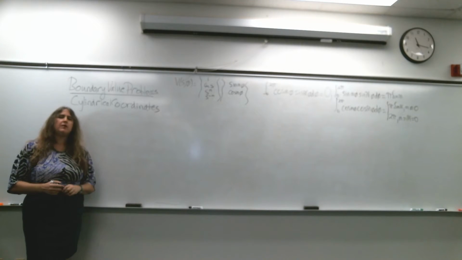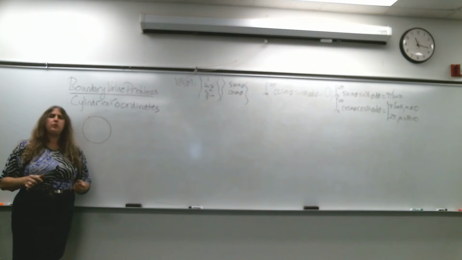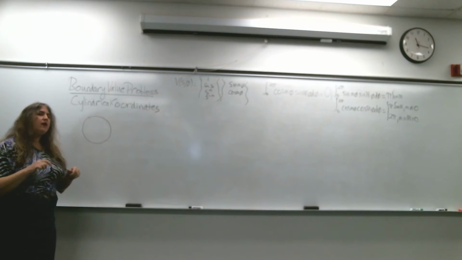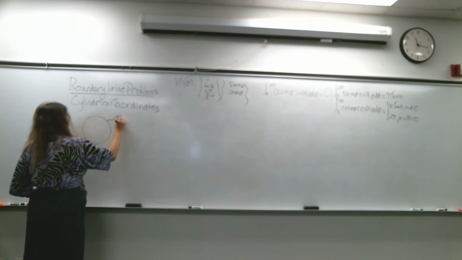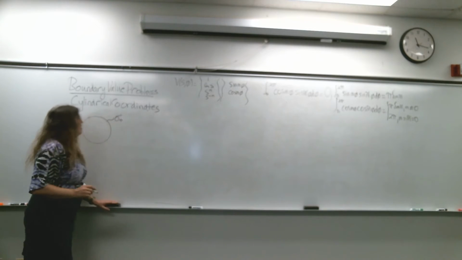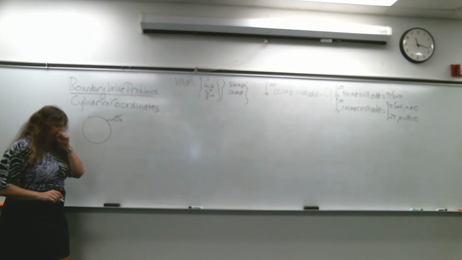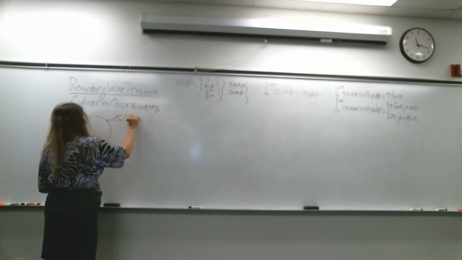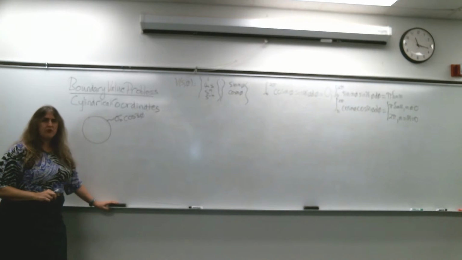Okay. The next example I'm going to show you is where you don't have the potential specified on the surface, but you've got a surface charge density. So in other words, we'll say that's equal to some sigma naught times cosine 3 phi.